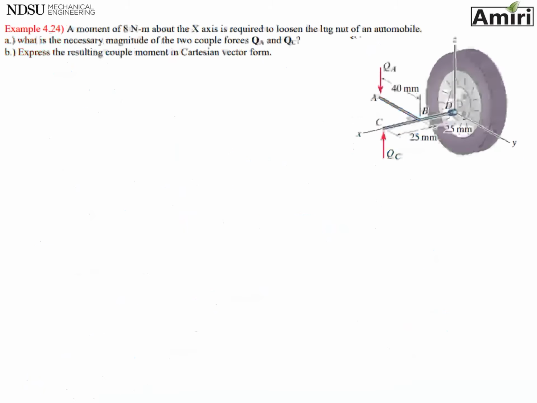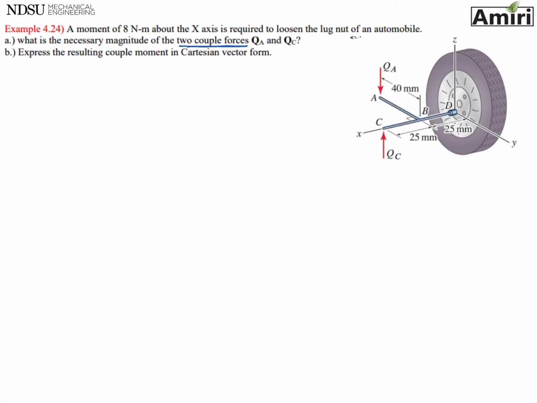Let's look at another problem, more of a practical real life problem. A moment of 8 Newton meters about the x-axis is required to loosen the lug nut of an automobile. What is the necessary magnitude of the two couple forces QA and QC?